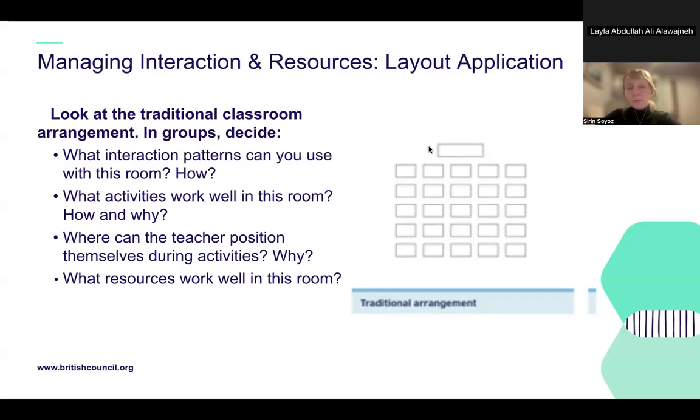We won't do it in groups, but in the main room here, what activities work well with this traditional arrangement? Because as you mentioned, it has a negative connotation, but actually it has some advantages. What works in a traditional arrangement? Where can we position ourselves?